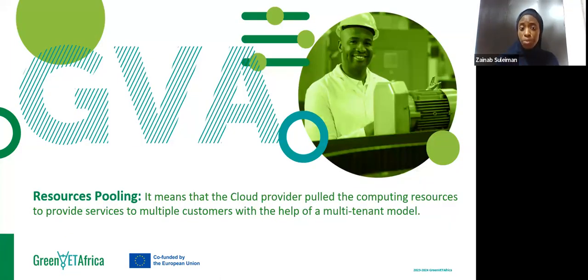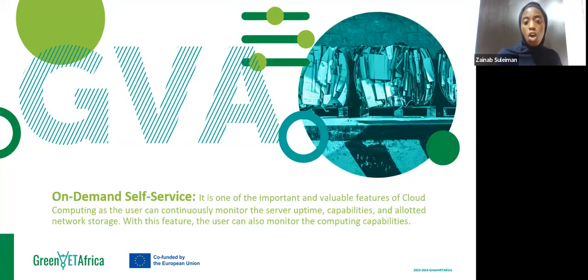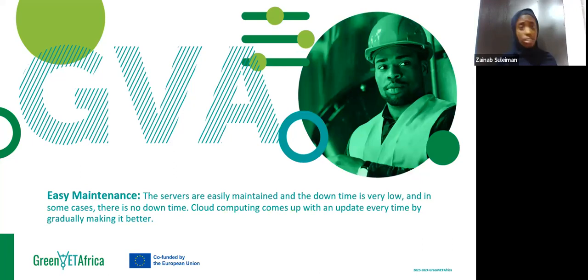Resource pooling means that the cloud provider pools the computing resources to provide services to multiple customers with the help of a multi-tenant model. On-demand service is one of the important and valuable features of cloud computing, as the user can continuously monitor the server, obtain capabilities, and allotted network storage. Easy maintenance: the servers are easily maintained and the downtime is very low.